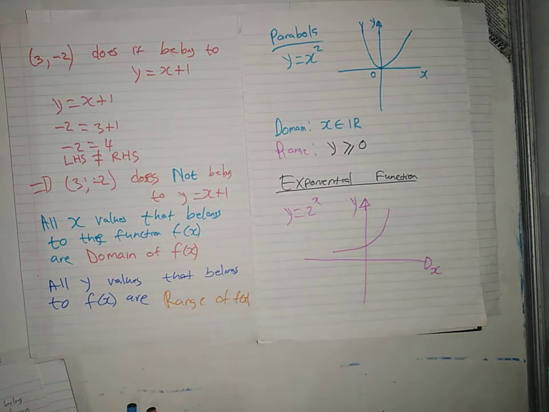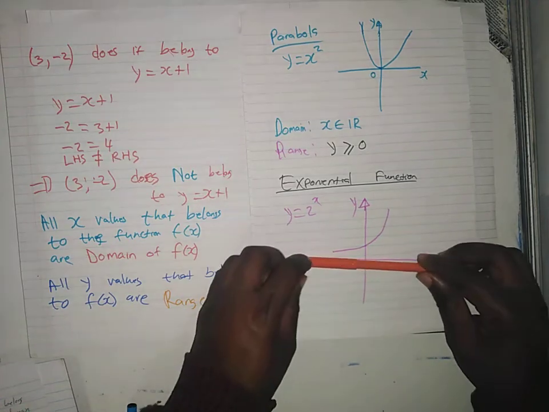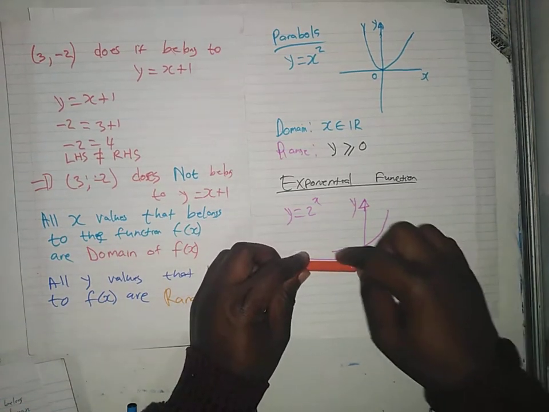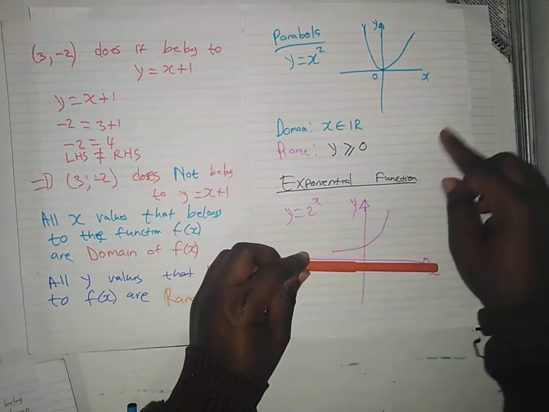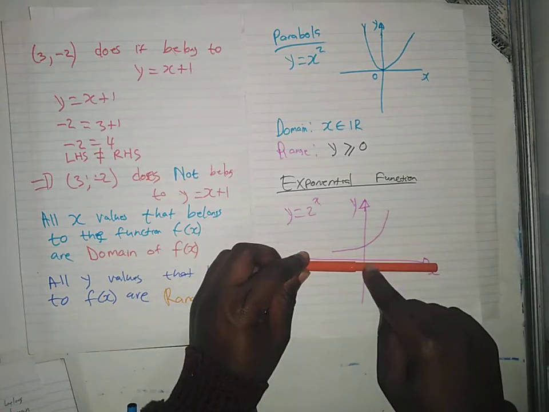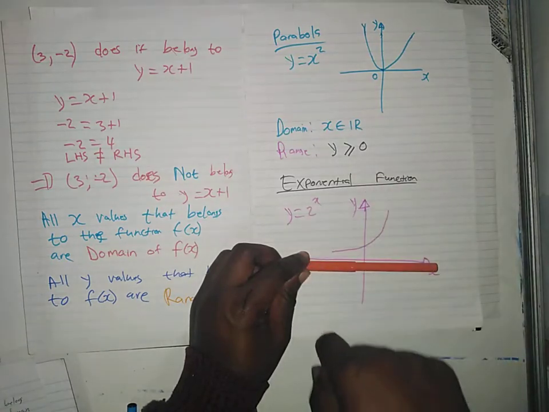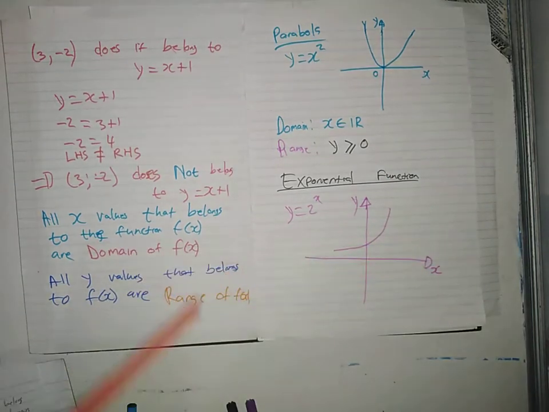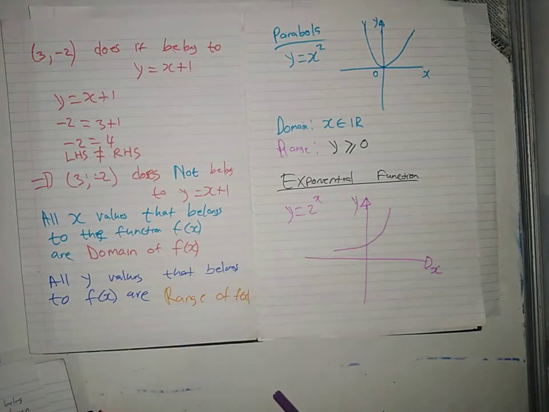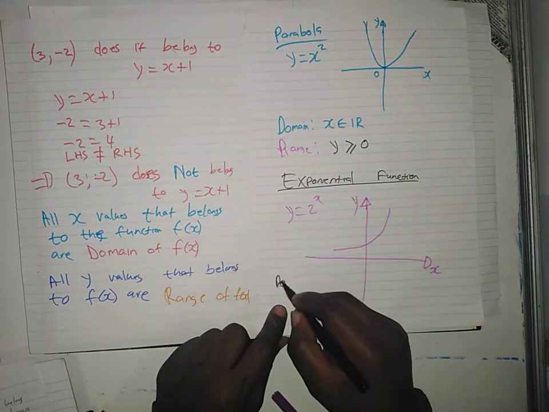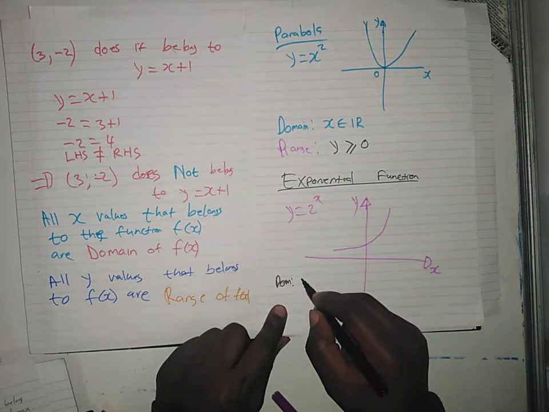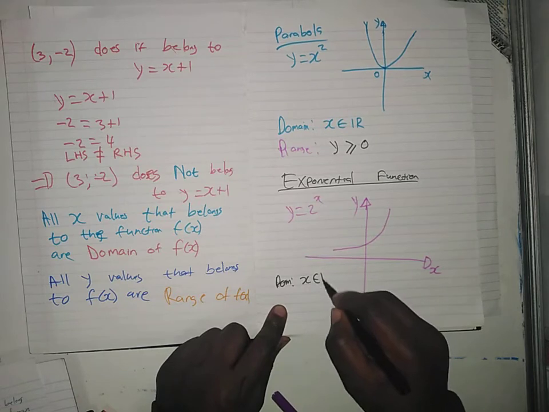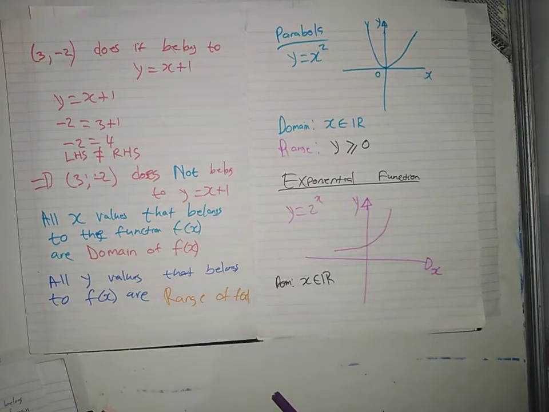Let's start with the domain. Values of x. This line, remember, continues, and this line also continues. So you can see all the points that you can project along the x-axis do touch this graph. So what is the domain? The domain is x is an element of real numbers.